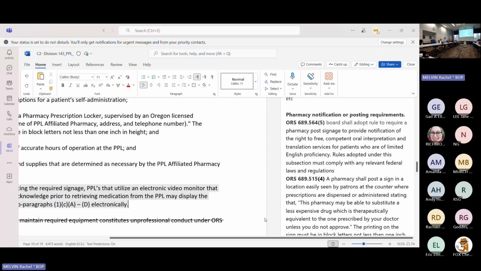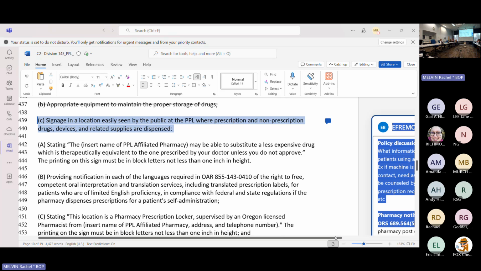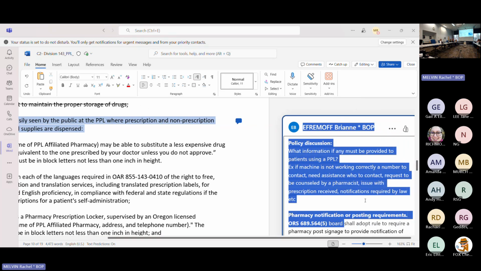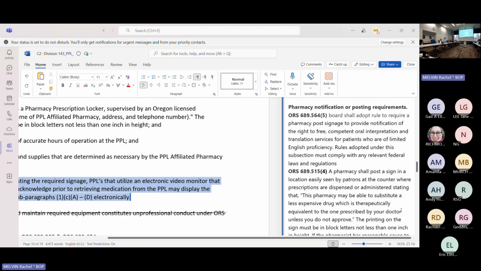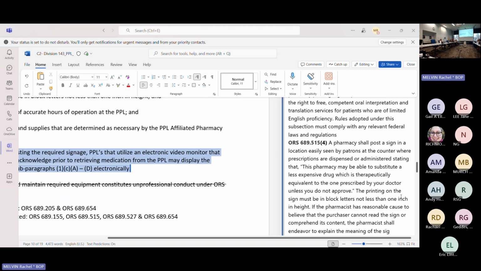AG Hunt, want to step in for a second? Oh, I think you might, so some of them we might have to look at based on the way the statute is written. So I can look more into that to make sure. This is where I think the issue is: you can imagine there's going to be a locker in the waiting room of a pharmacy. So as we contemplate how we write this in rule, we don't need that notification sign on the locker and on the pharmacy, right?